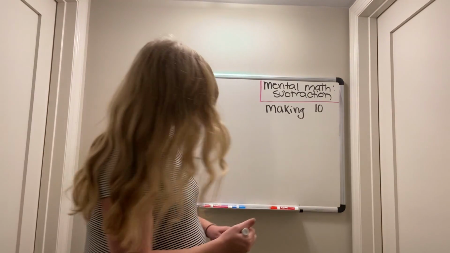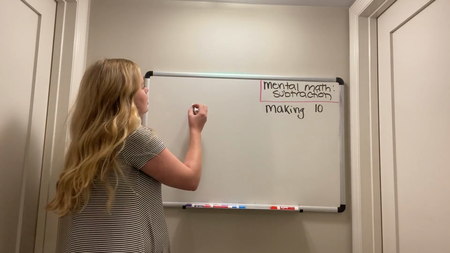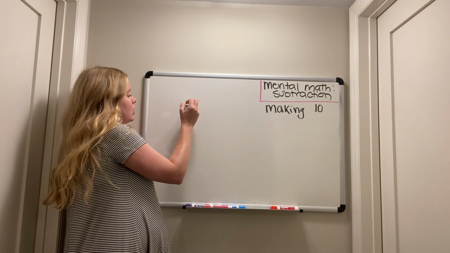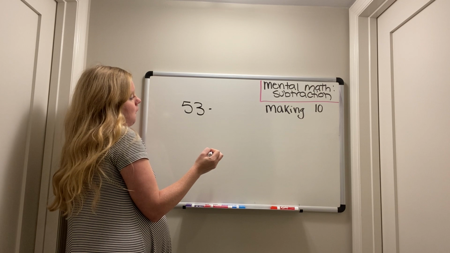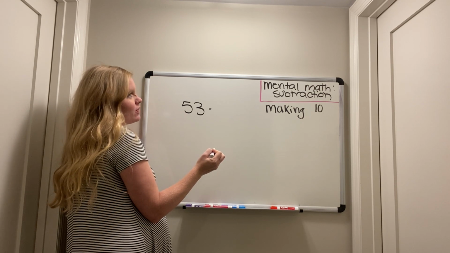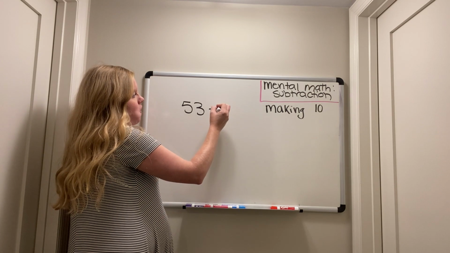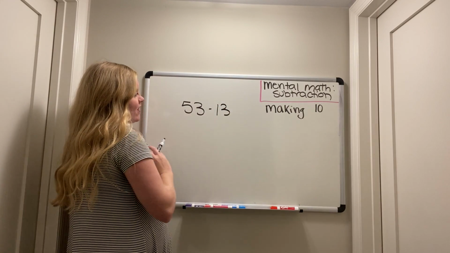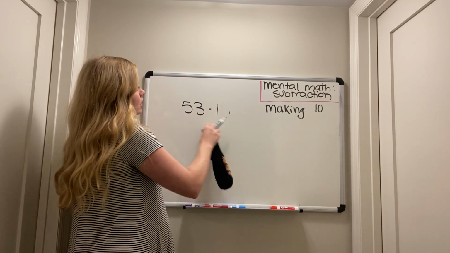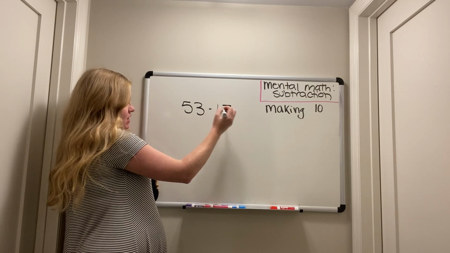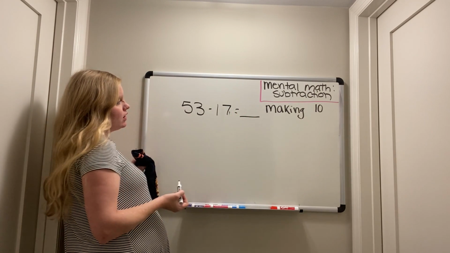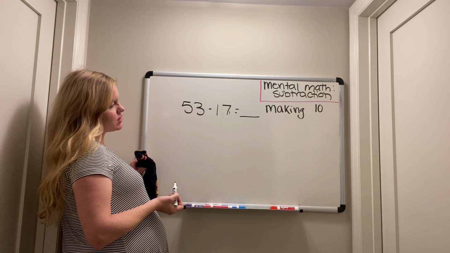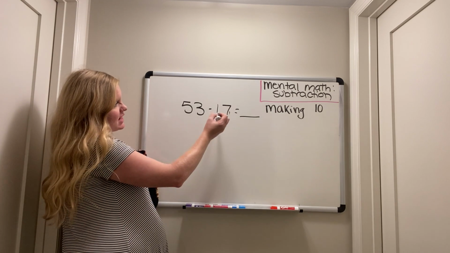Let's do one more practice. Let's do 53 minus, what if we had a 2-digit number? 13. Oh, that's too simple. 53 minus 17. Okay, first we would want to start with taking 10 away.